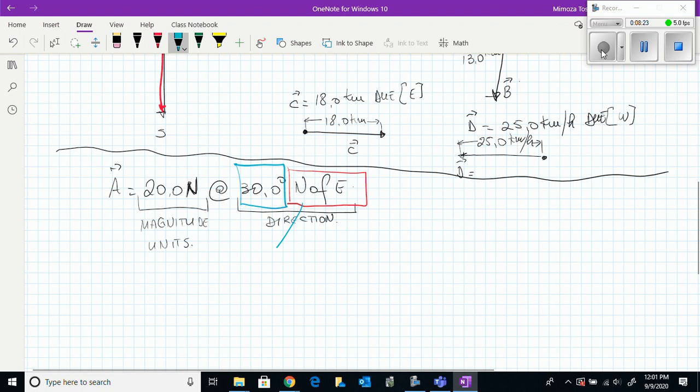The first letter of the north of east part, or axis, tells us where the vector is going. So you know now that the vector is going north. But to go north, you have two ways: you can go from east, or you can go from west. And the second letter tells us starting from which point.